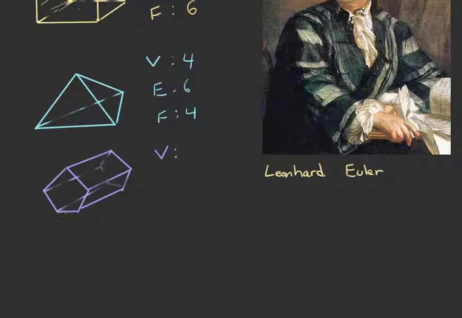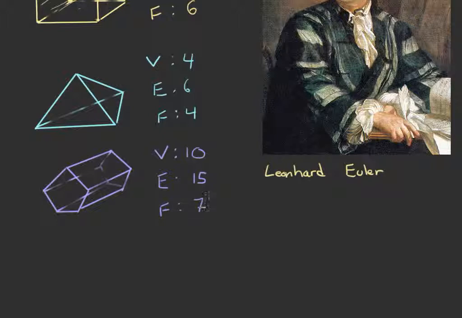For vertices, there are 5 on this pentagon and 5 on that pentagon, so that gives me 10. For edges, there are 5 edges on this pentagon, 5 edges on that pentagon, and then 5 edges that connect them, so that's 15. For faces, there is 1 face here, another face there, and then 5 faces that connect, so that's 7.